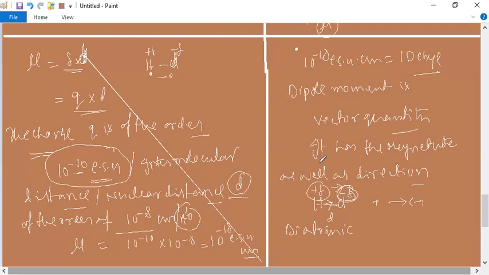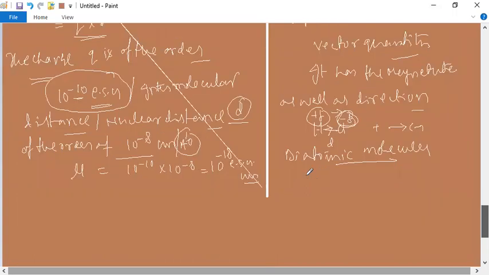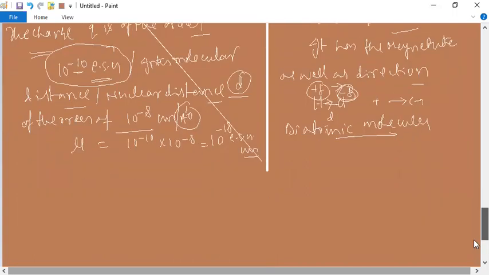Next is diatomic molecules. Diatomic molecules possess only one polar bond, right? And the dipole moment of the molecule is equal to the dipole moment of the polar bond. For example, consider HCl here.